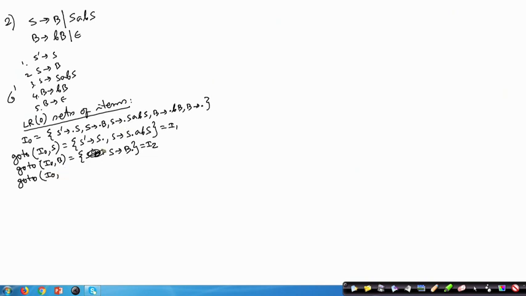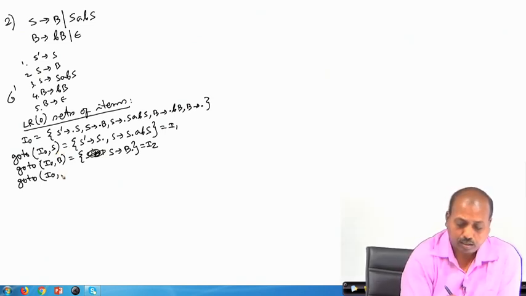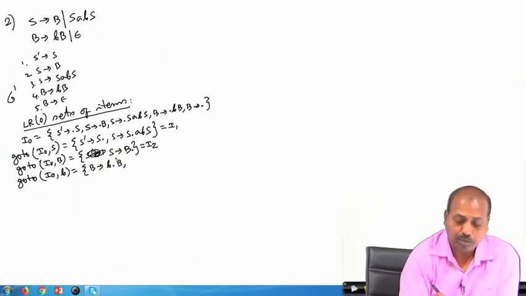Now, go to I0 on S we have done. So, small b, I0 small b. So, this will give me B producing B dot B, okay. And now, since dot B is coming, I will get all these rules like B producing dot small b capital B and B producing dot.